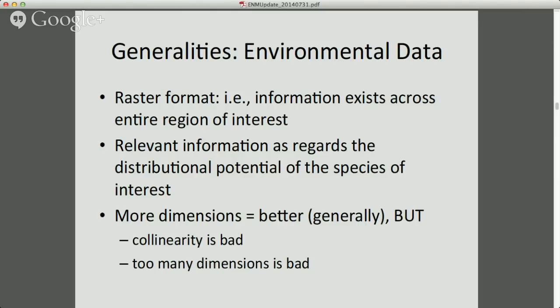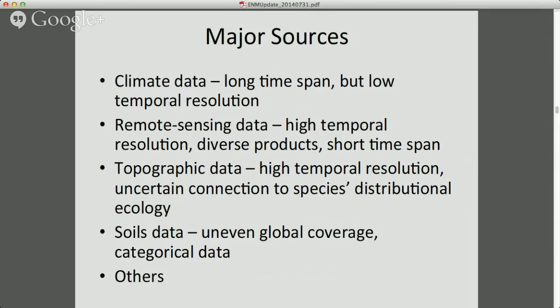But correlated dimensions, collinear dimensions are bad, and too many dimensions are bad, simply in the sense that they confuse most of the modeling algorithms. We can get all sorts of sources of environmental data. It could be climate, they could come from satellite data, topographic data, soils data, etc.